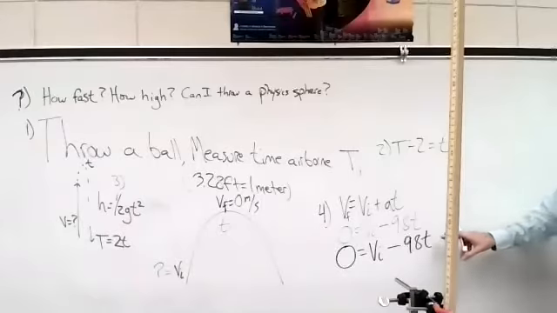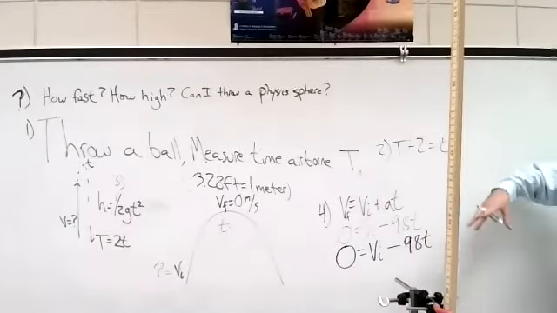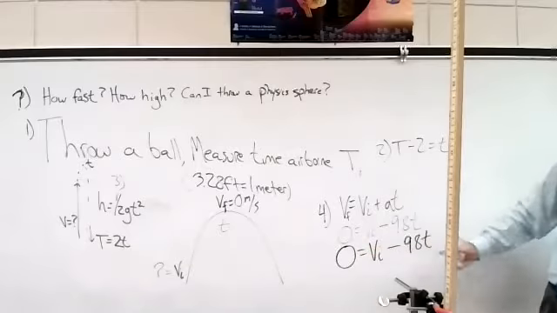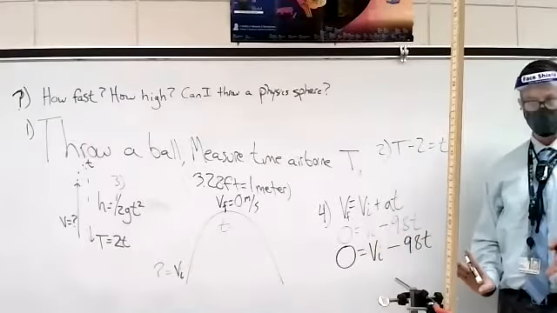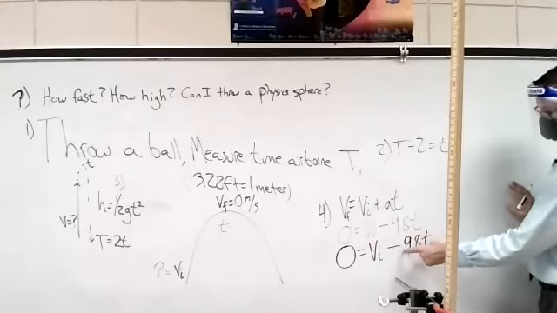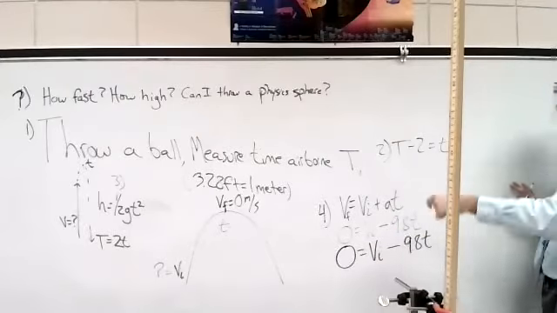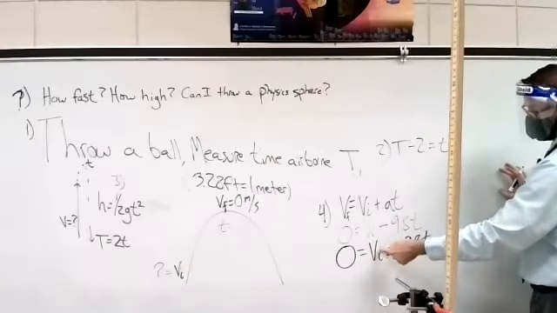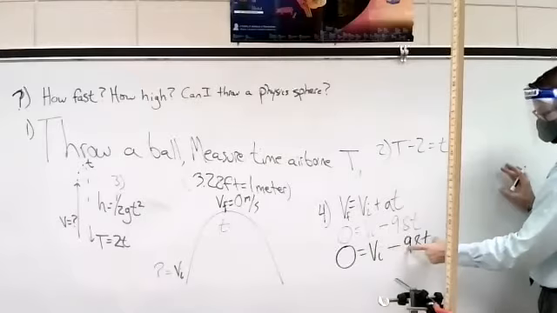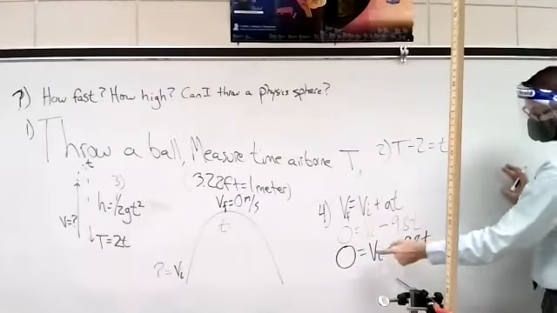Okay, so it's like saying, once you know how much time it took gravity to slow it down to a stop, multiply that by 9.8, and that must have been the speed that you threw it up with. In other words, this term here, 9.8 t, will be the negative of the positive velocity that you threw up, because whatever speed you threw the ball up with, this term here, whatever value it is, it's the negative of it. That's how it's 0, right?